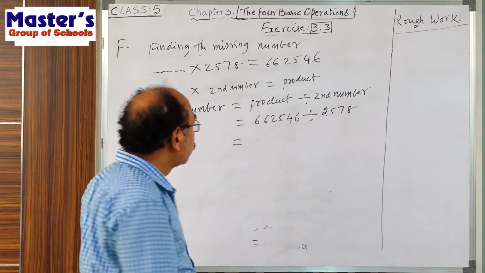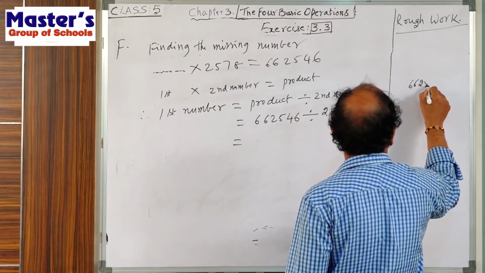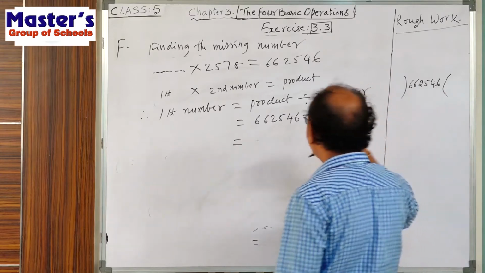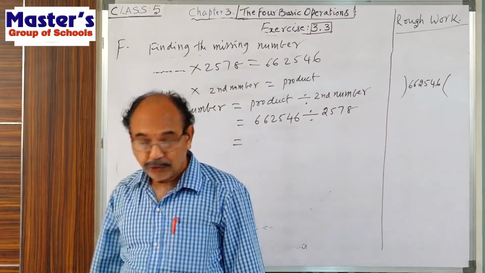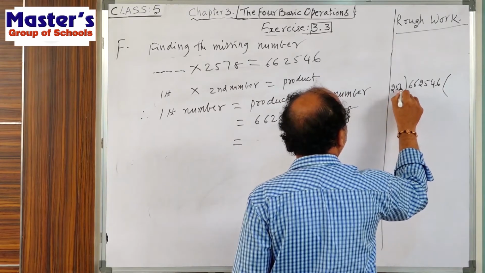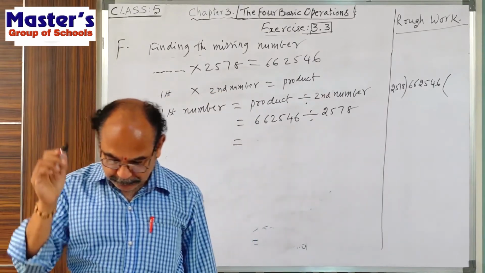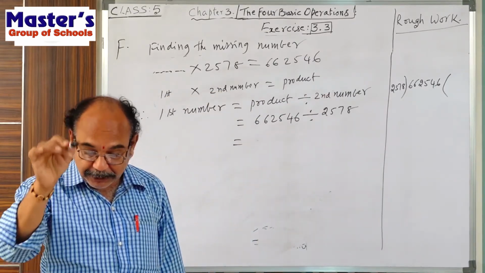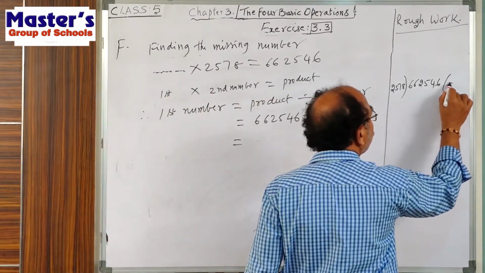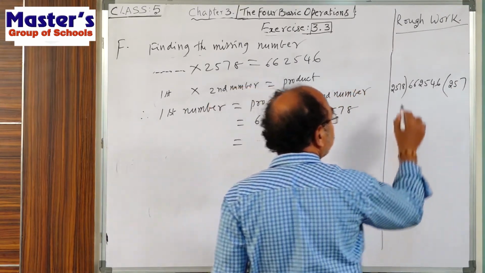So, 662546, if it is divided by 2578, we get the first number. After completion of the division, we can get 257. Okay, children.